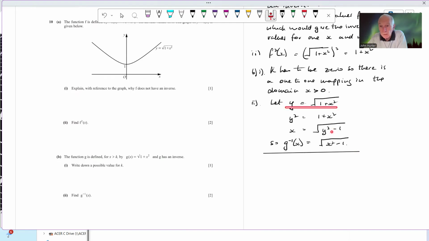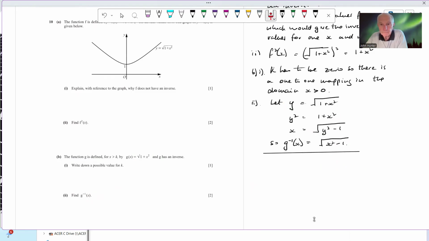So quite simply, y equals the square root of 1 plus x squared, and we twizzle that round, x equals the square root of y squared minus 1. We always write our functions in terms of x, don't we? Well, it says the variable is x, so we have to write it as x.